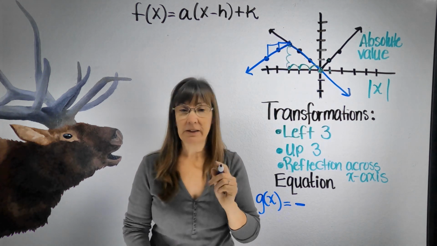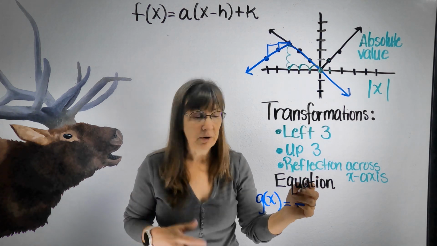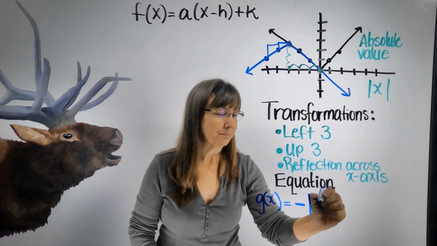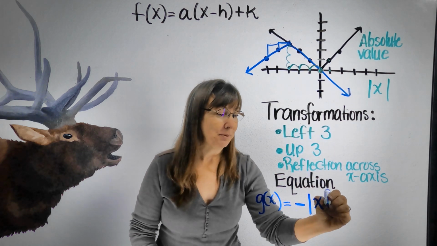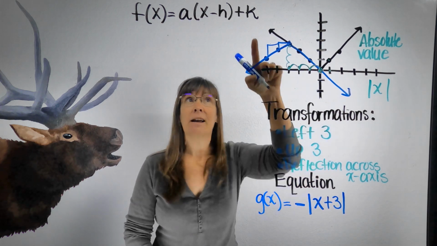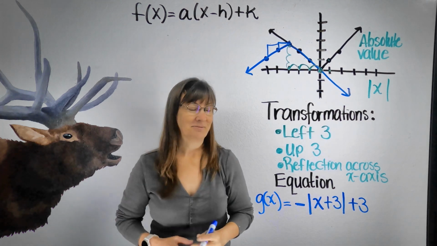That's a 1-to-1 relationship, so there's no stretch or shrink. So it's just a 1. Don't have to write it. I'm going to use the absolute value symbol. Left 3, remember opposite world, so that's going to be plus 3. And then up 3. That's now my k value. So there's my up 3.